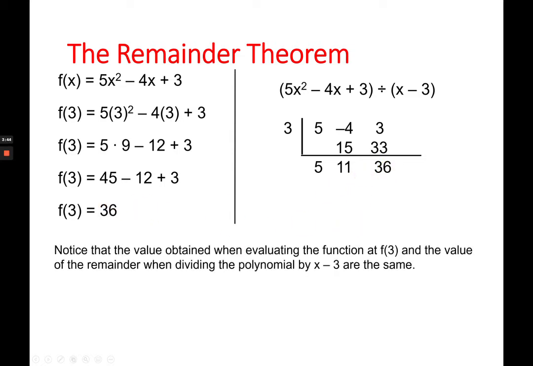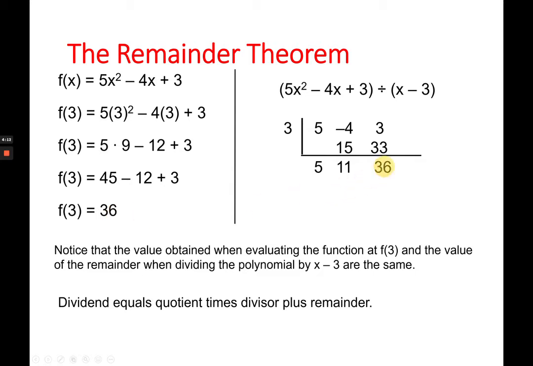Notice that the value obtained when evaluating the function at f of 3 and the value of the remainder when dividing the polynomial by x minus 3 using the synthetic method are the same. Dividend equals quotient times divisor plus remainder. Meaning to say, synthetic division is just another way of determining your remainder.